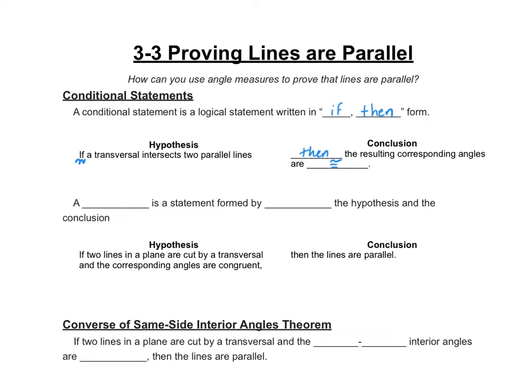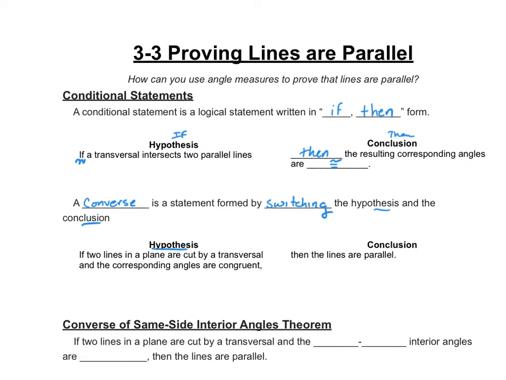And we learned that a converse statement is formed when we switch the hypothesis and the conclusion of the if-then statement. My hypothesis is the if, the conclusion is the then, so the converse is a statement formed by switching that hypothesis and conclusion.